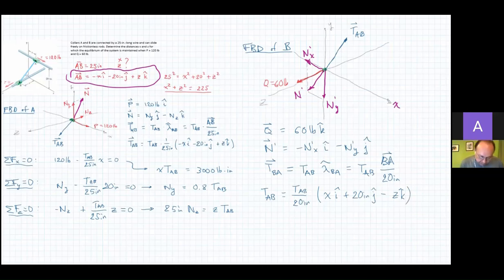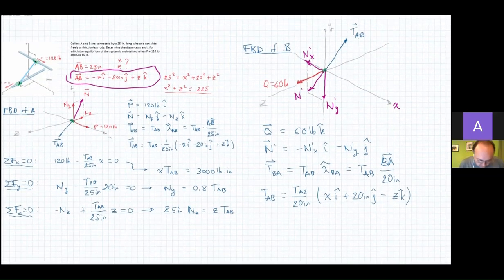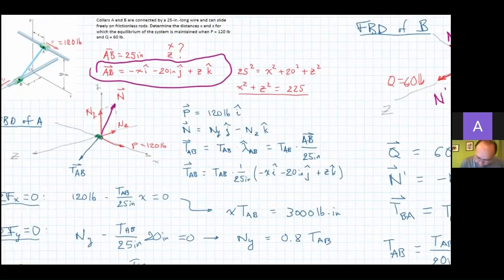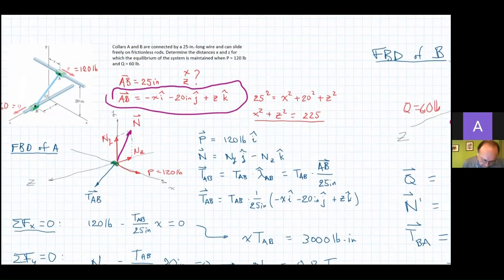You can verify that if you go from B to A, in the X direction you go positive, positive in the Y direction, and negative in the Z direction.